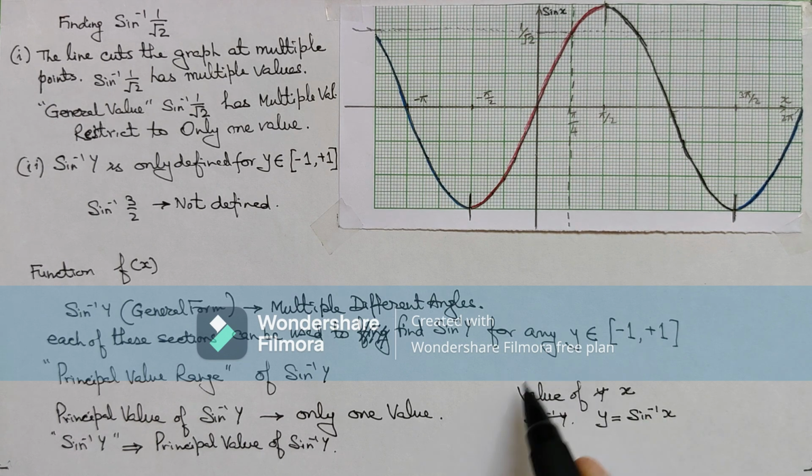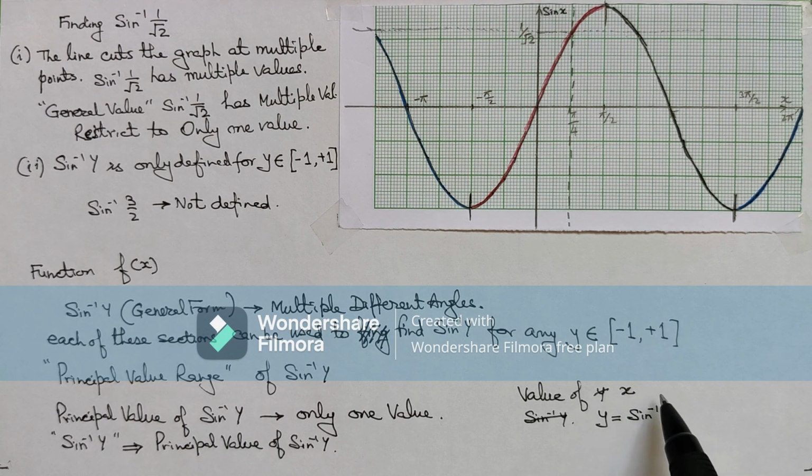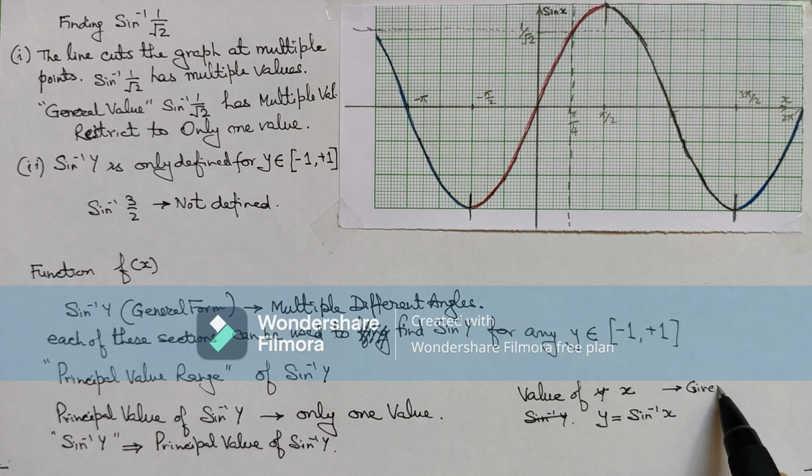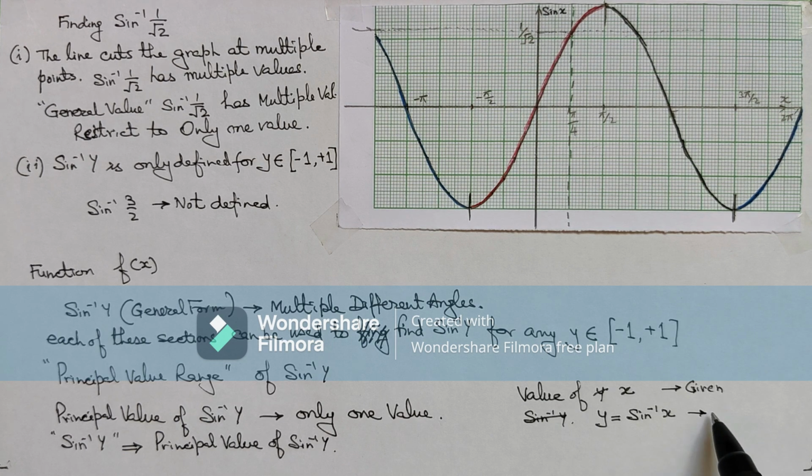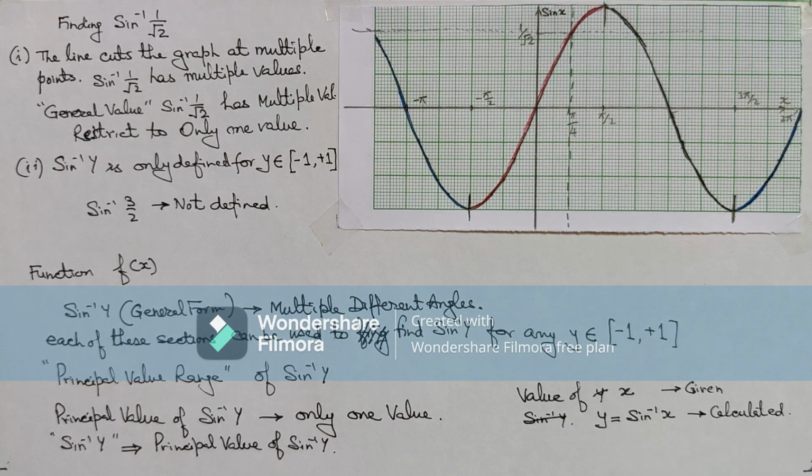It's a convention. Whether I say y here and sine inverse y or x here and sine inverse x, basically it means the same thing, but it is a convention that the given variable is named x and the calculated function is named y, and when a graph is drawn, the given variable is drawn on the x-axis.